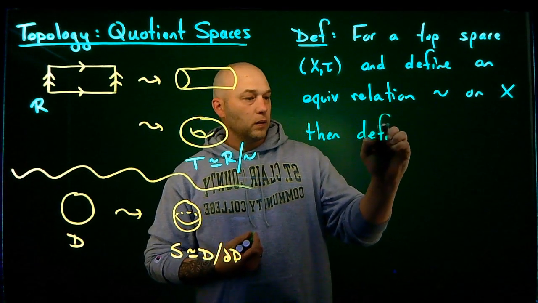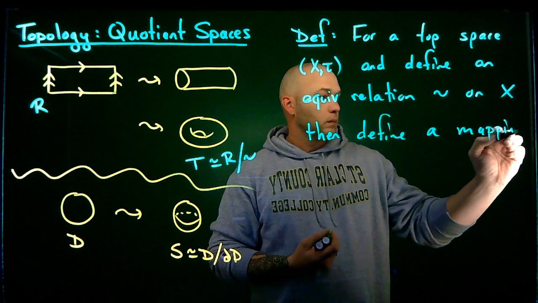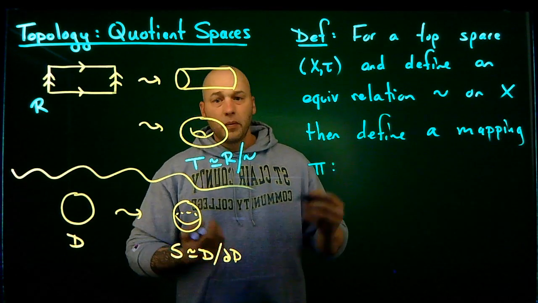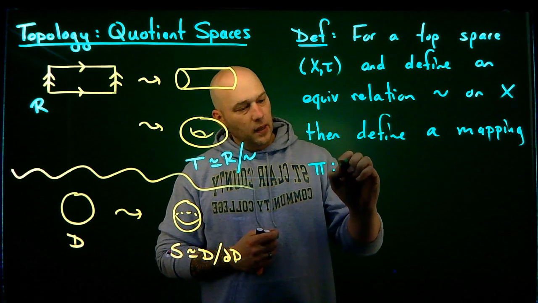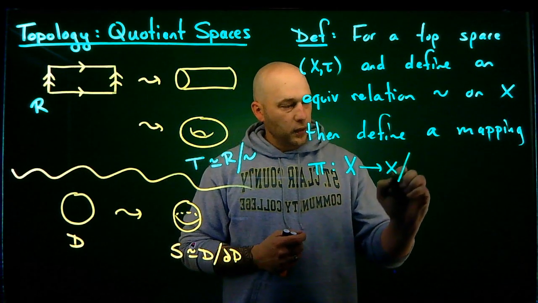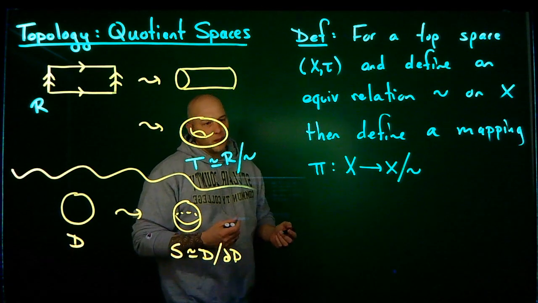Then define a mapping, which traditionally is denoted by the letter pi, from X to the quotient X modulo tilde, so X modulo the equivalence relation.